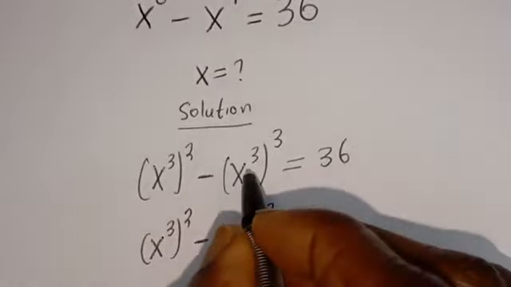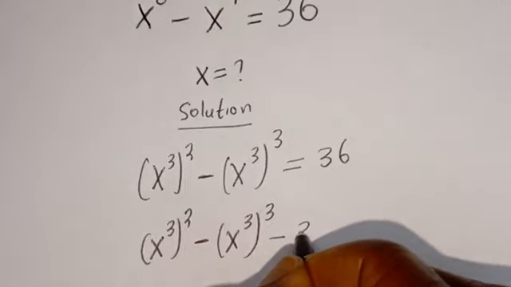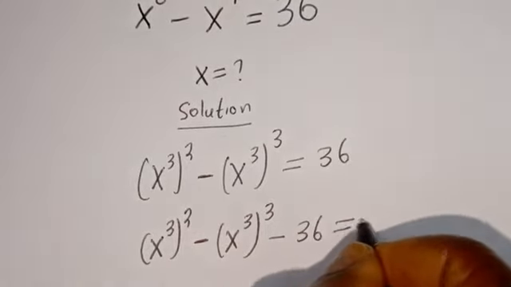If you bring this 36 to this side, it becomes minus 36 is equal to 0.